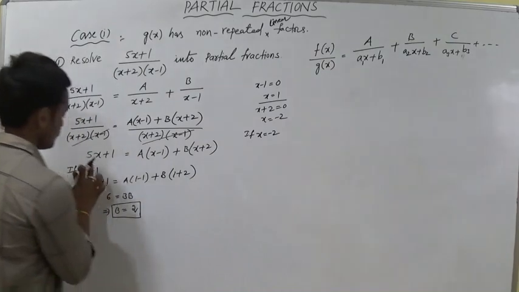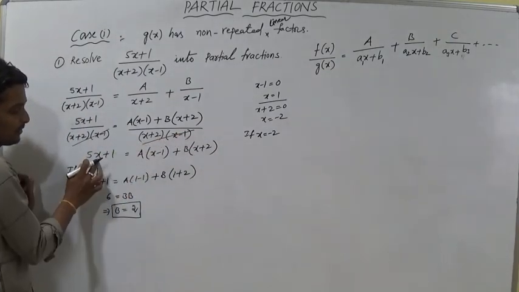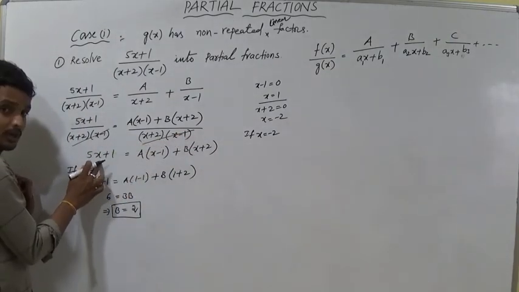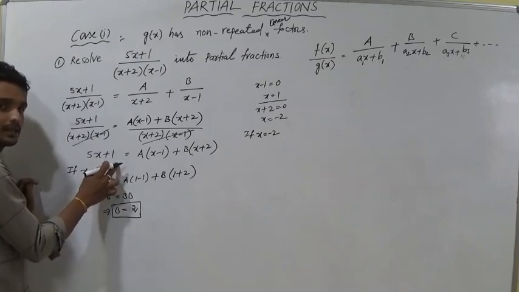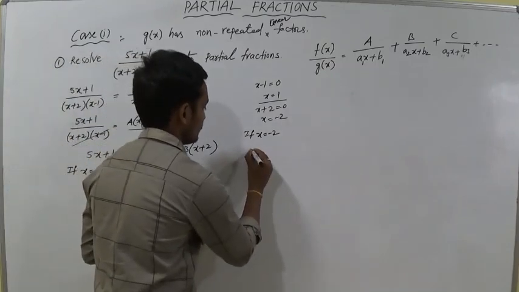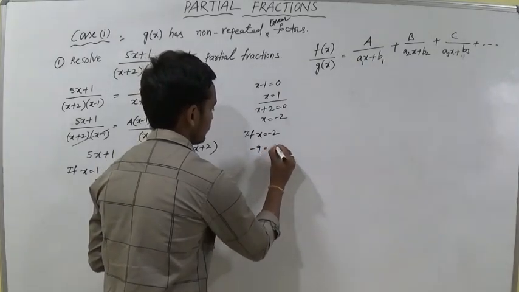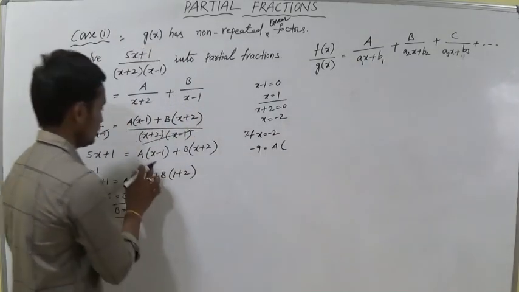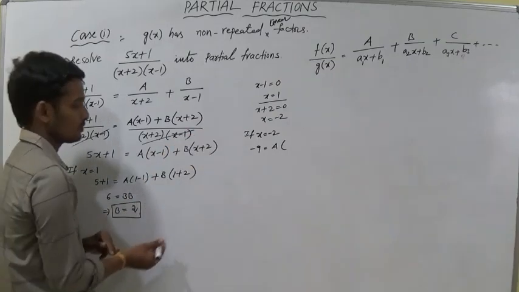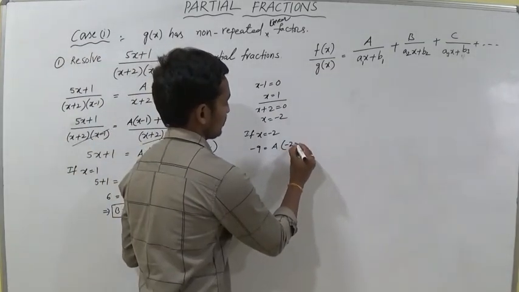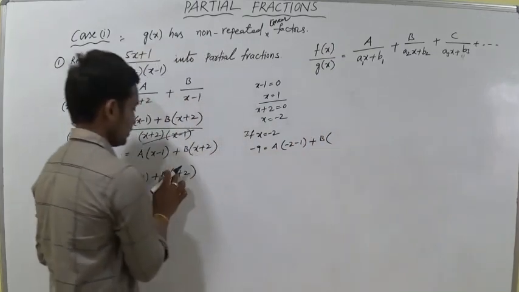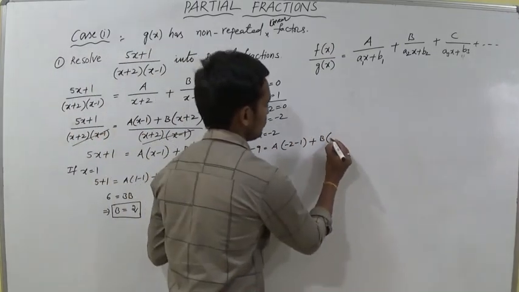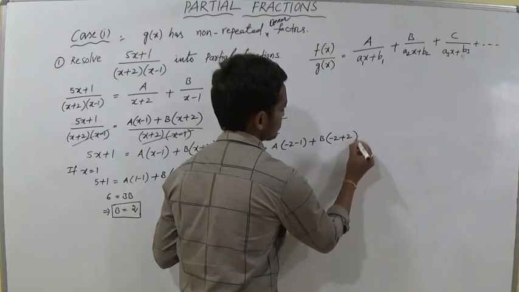That means here observe 5 into the value of x, which is minus 2. 5 into minus 2 is minus 10, minus 10 plus 1 is minus 9. So I am writing here minus 9 is equal to a into the value of x, minus 2 minus 1, plus b into the value of x, minus 2 plus 2.